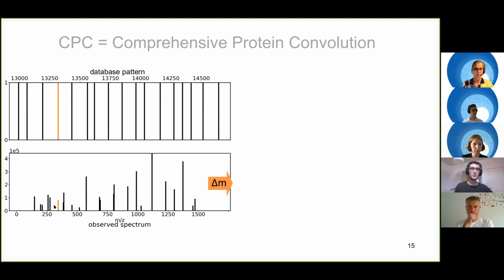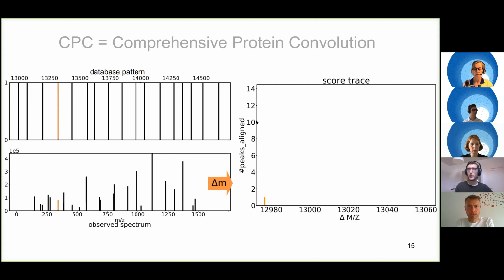And what we will now do is write down a score for each possible alignment of these two. So for example, here we have an alignment of just two of their peaks. We have only one pair of peaks aligning here. And we will build up a score trace by now sliding.